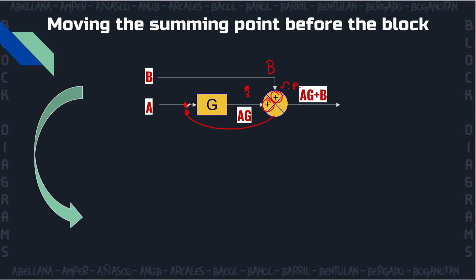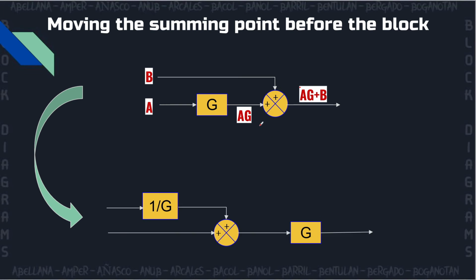Now, you want to move the summing point before the block. So this is what you have to do. Now we have moved the summing point from here to here, which is shown right here.